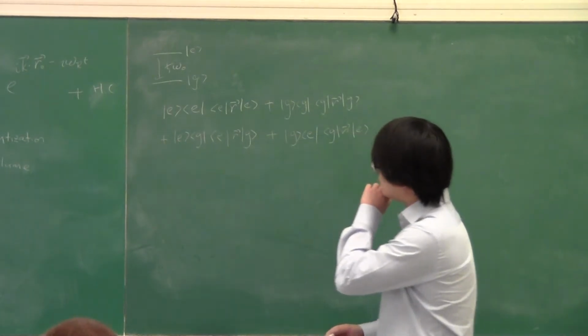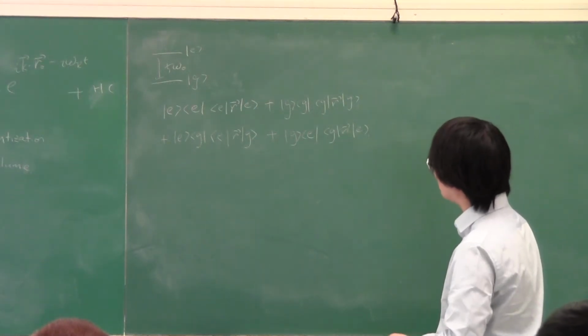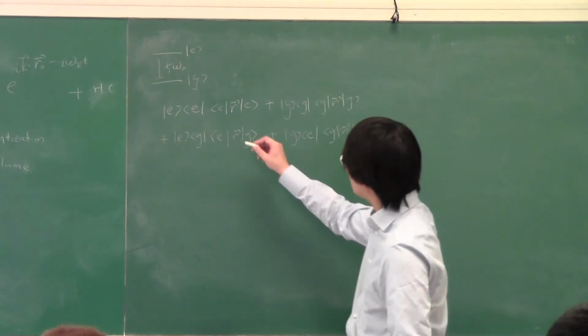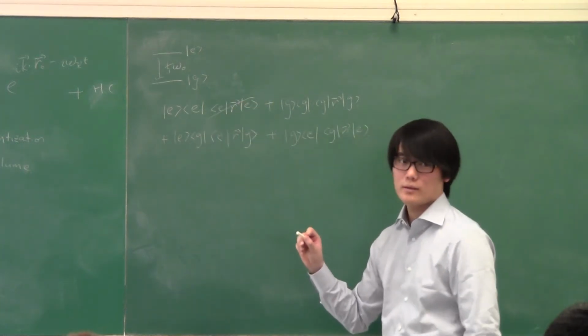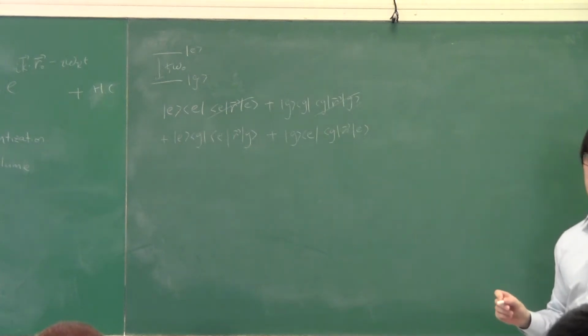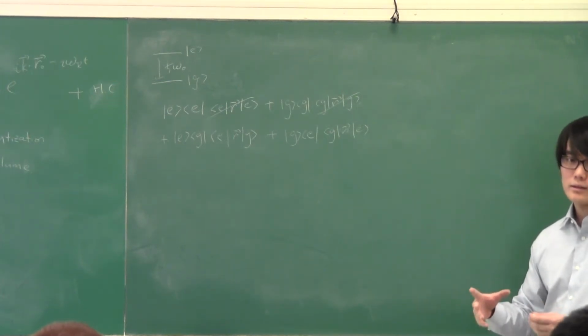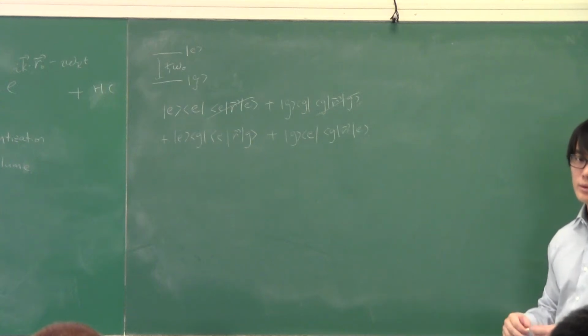Now I'm going to tell you that these states are of definite parity. What does parity mean? We didn't have enough time to talk about this, but actually this is 0 and this is 0. Basically it tells you that any eigenstate does not have a dipole moment by itself.